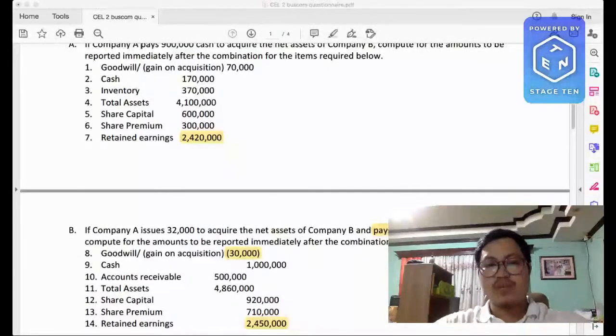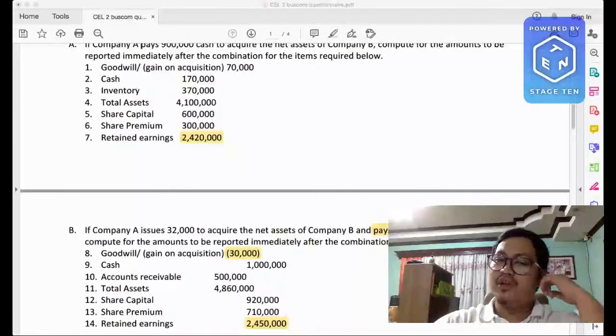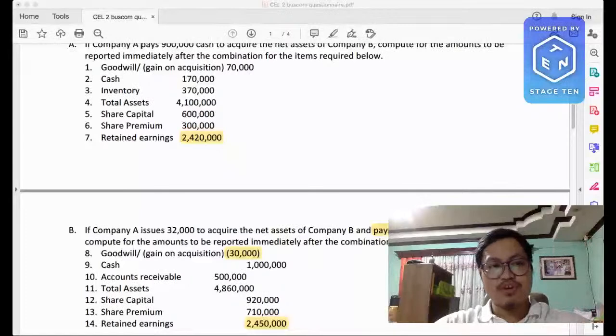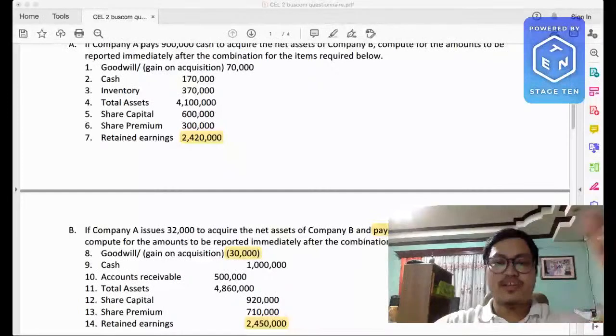So that would again cause a change in your share premium. And if that's the case, the share premium that will be reported immediately after the combination will not be the same as the share premium reported by the surviving entity immediately before the combination. So again, possible changes for your share capital, the par value of the shares issued. Possible changes for your share premium, the excess over the par of the shares issued.